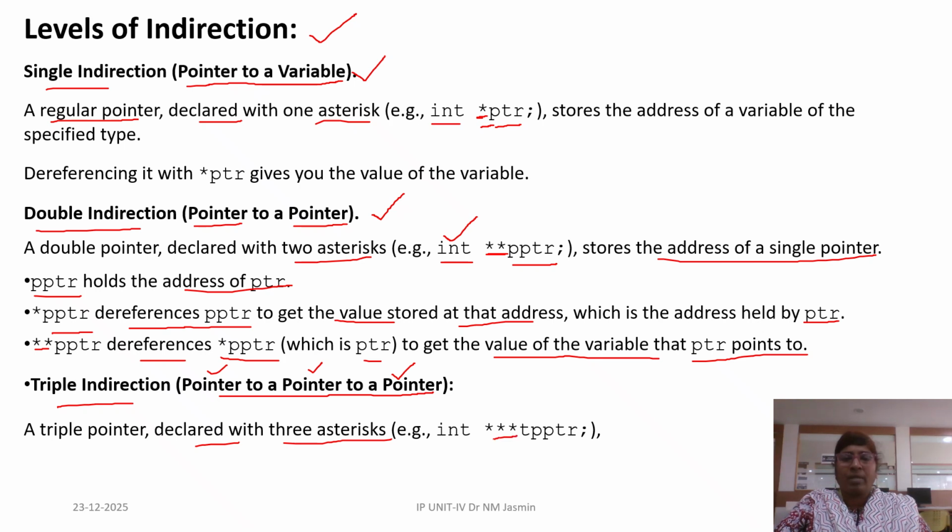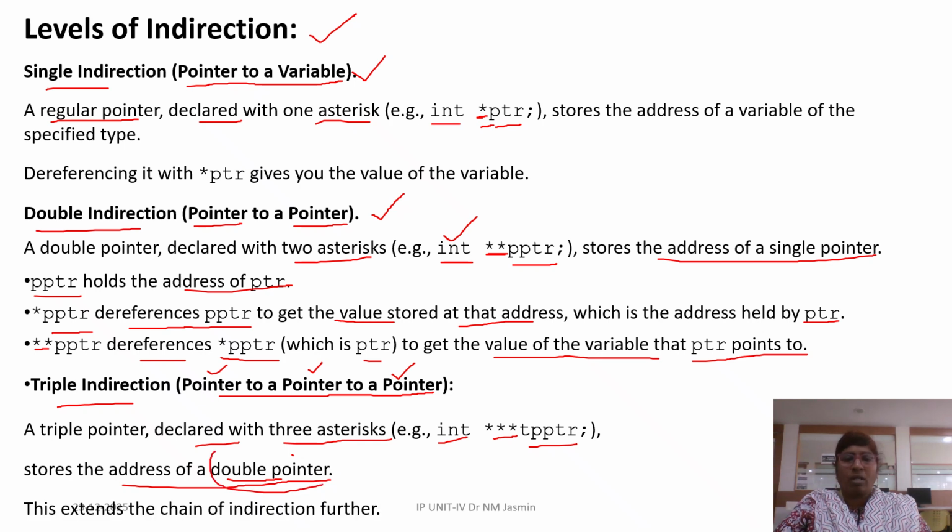So this is the data type, three asterisks, and the pointer name. That is triple indirection, and it stores the address of a double pointer. In this double pointer, again we see two pointers. Okay, thank you.